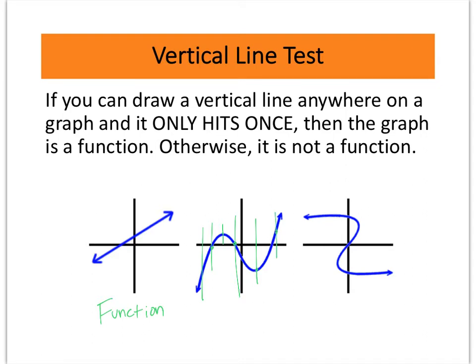No matter where I'm passing, it is also a function. But this, even though it crosses once there, is a place, namely right here, where it crosses 3 times. And because it crosses more than once, this is not a function. And so here are 3 examples of the vertical line test helping us show a visual example.